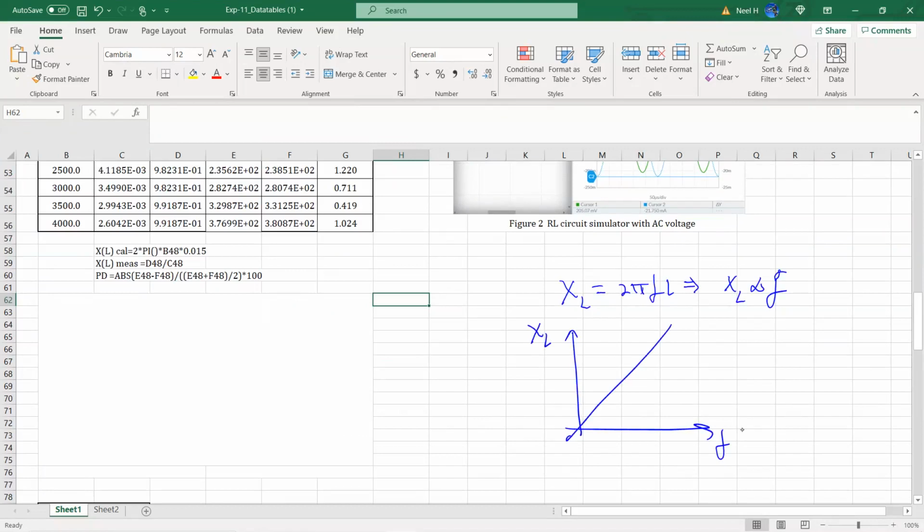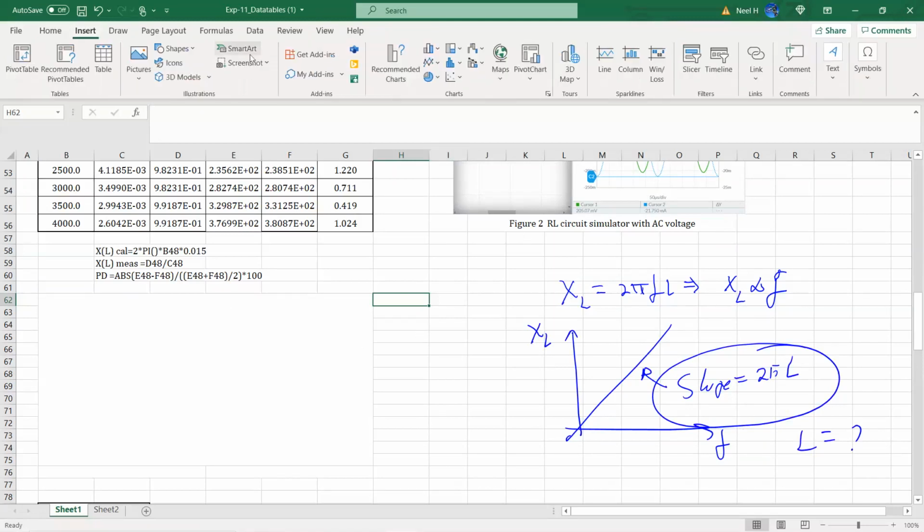We should see a linear graph, then we'll take the slope, which should be simply 2 pi L, and calculate L from there. Then that calculated value will be compared to the known or used value in this circuit. If those two are the same, that reconfirms everything we've done on this second circuit, okay? All right, guys, any question?